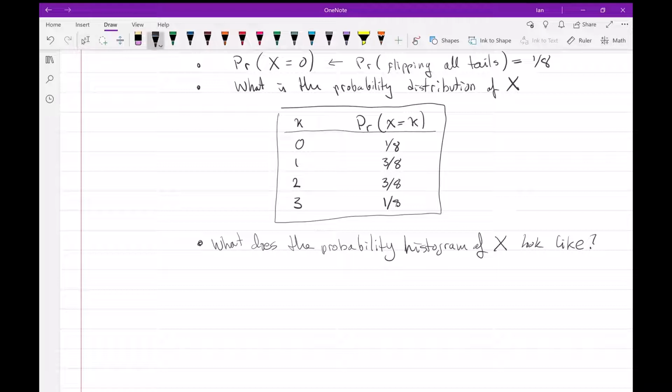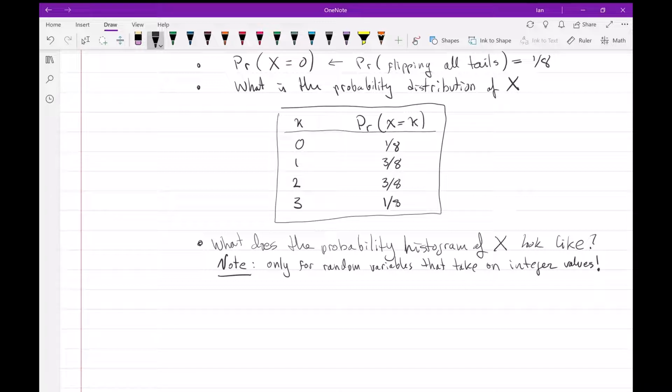And I should note, this is fairly important, that the way I'm showing you how to make a probability histogram only works for random variables x that take on only integer values.